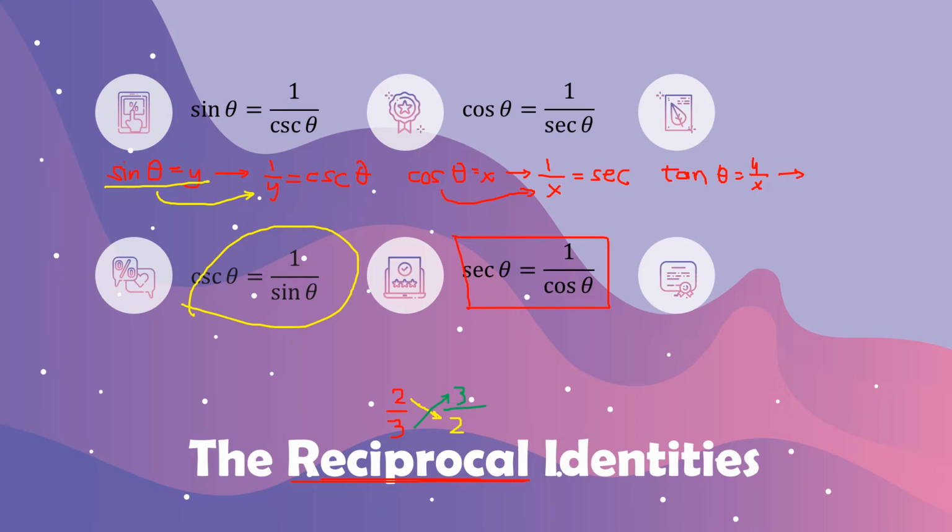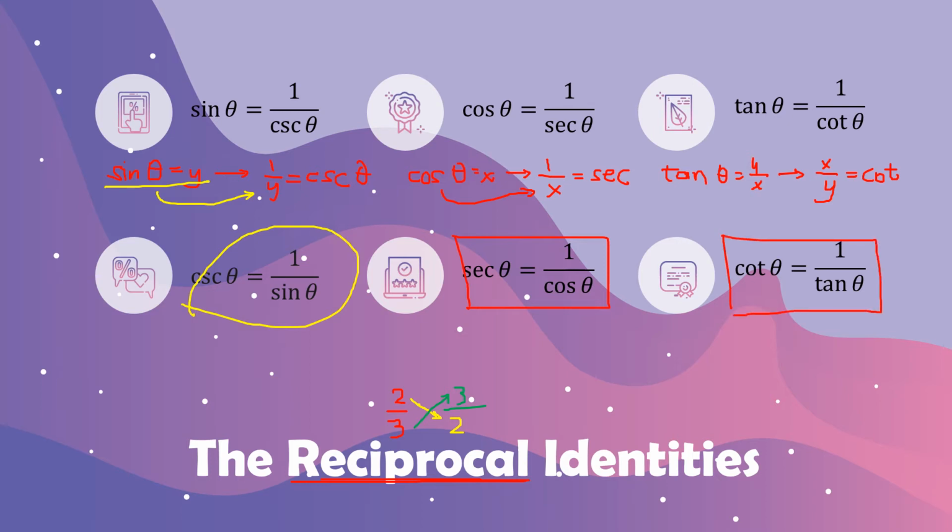Reciprocal ni y over x, si x over y, which is just cotangent. So, pag sinubstitute natin yan dyan, we end up with cotangent theta equals 1 over tangent. And also, tangent theta is equal to 1 over cotangent theta. So, those are your reciprocal identities.